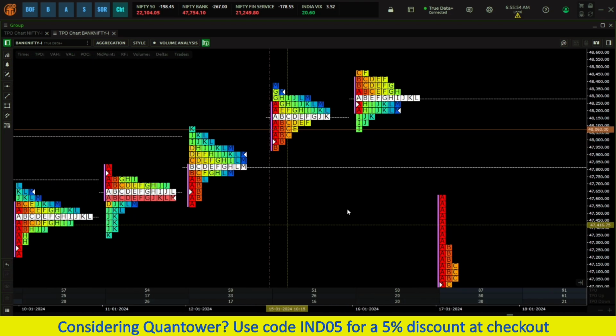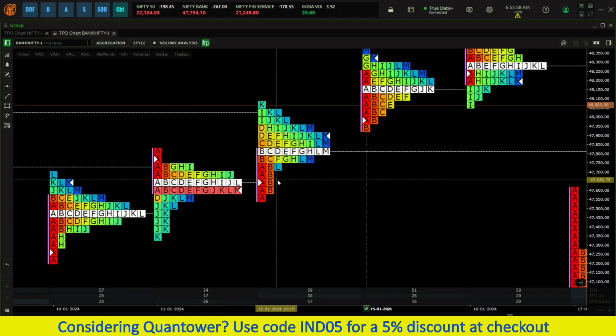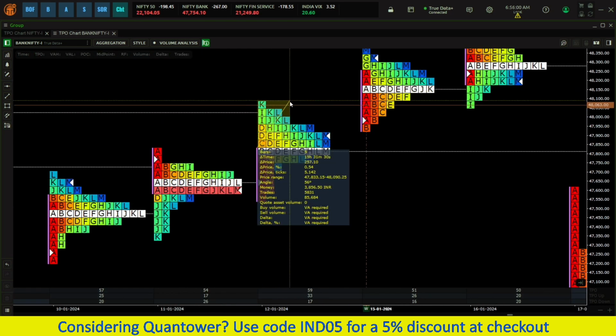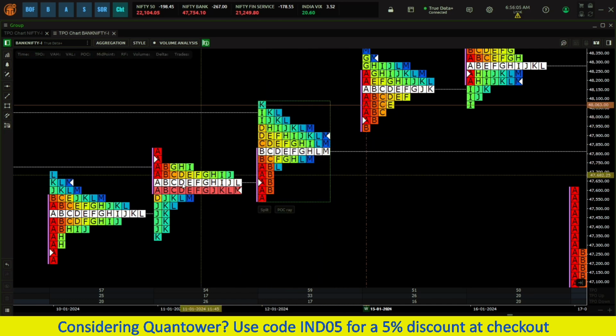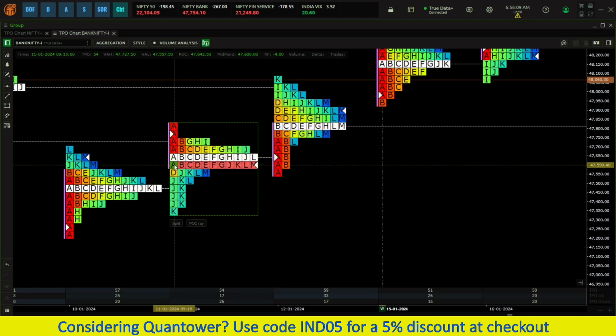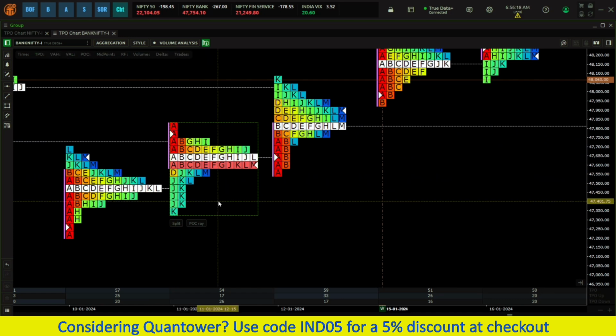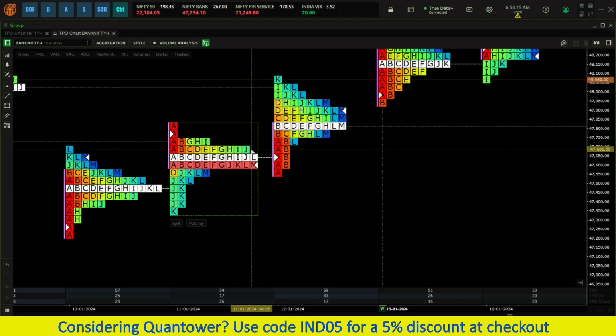Even this is an example, this is an example, and this is also an example. You can see we got 1x extension just after the breakout, in this direction only, the same as this case. Even here, it is almost near 100% extension of IB, that is 1x.